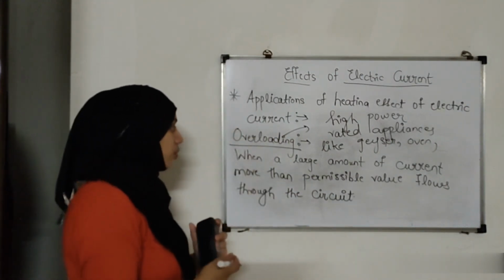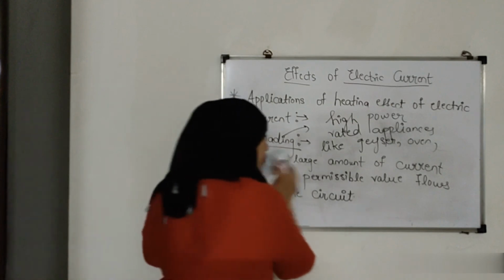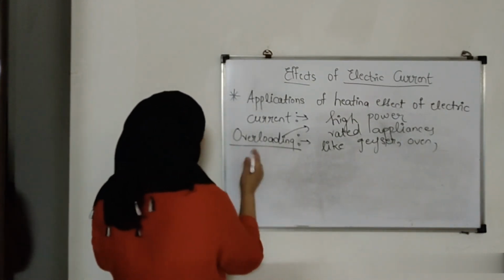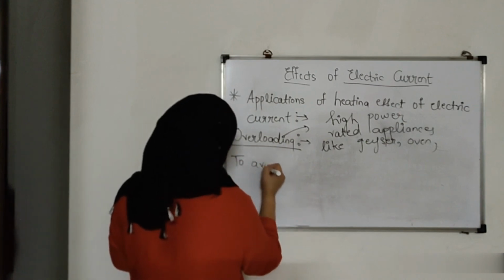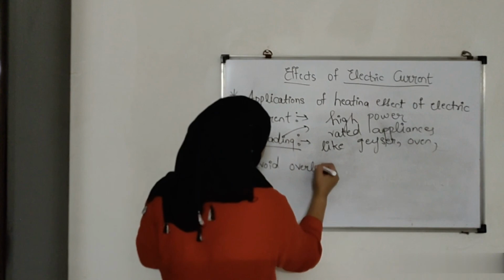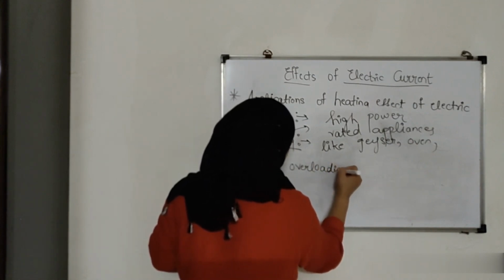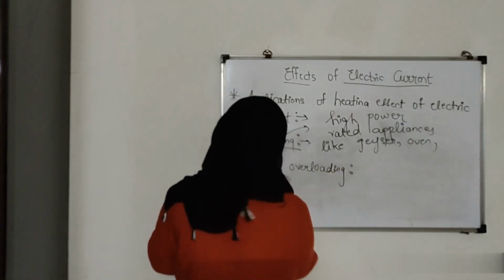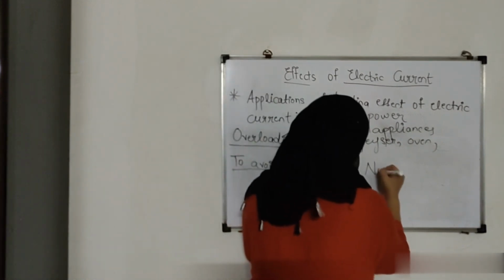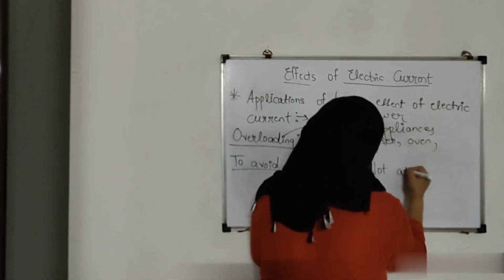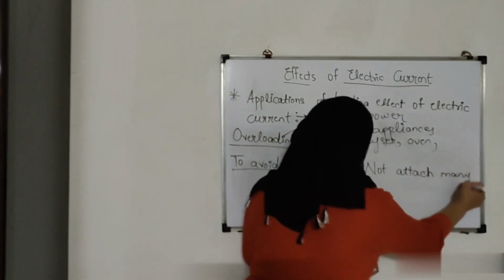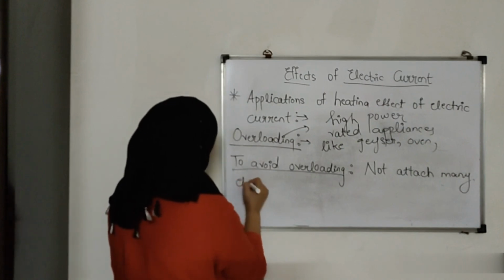So to avoid overloading, what can I do? How to overcome overloading? To avoid overloading, we should not attach many electrical appliances in the same circuit.